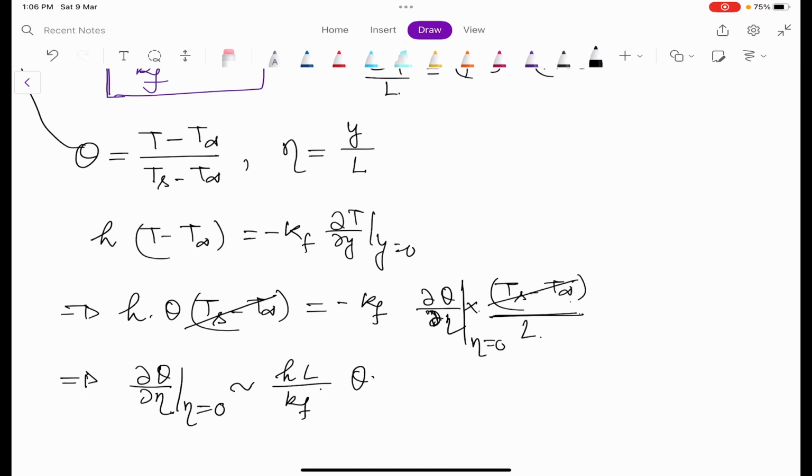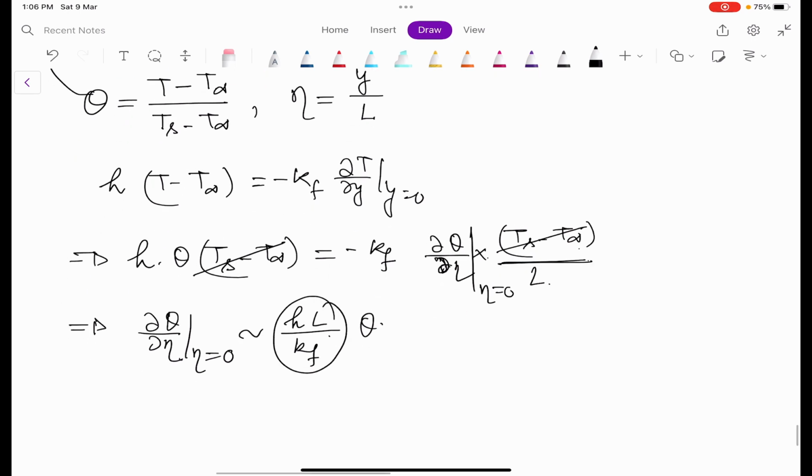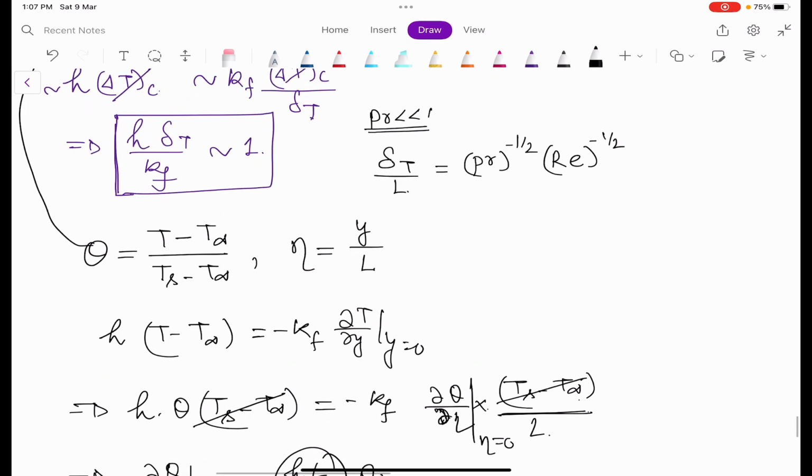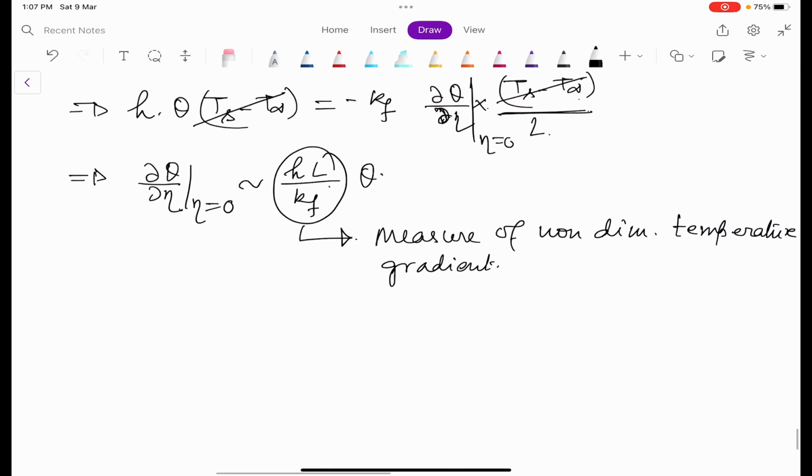So this is a measure of the non-dimensional temperature gradient. What you can say is that this hL by kf, you can write it as L by kf into 1 by hA, right.